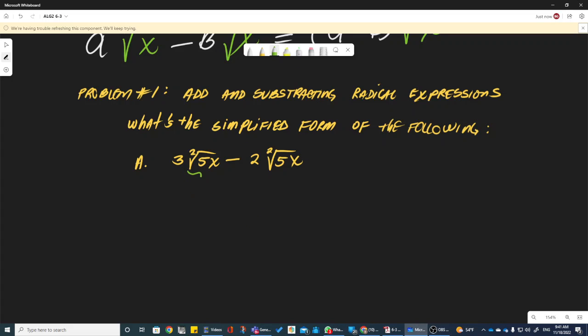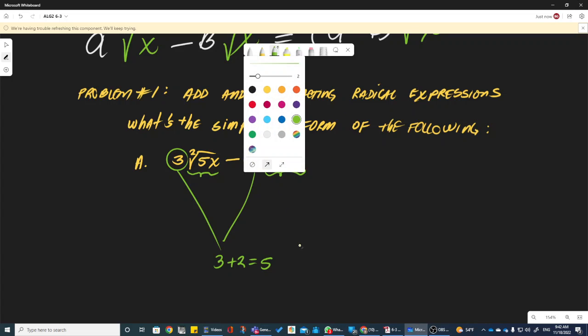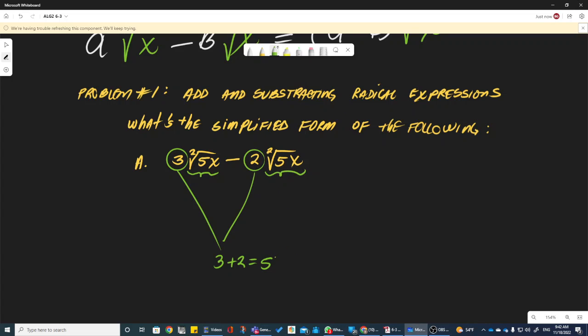So because they are the same radical, you are able to take the coefficients and combine them and say 3 plus 2 equals 5. That's the number you're going to put in there.